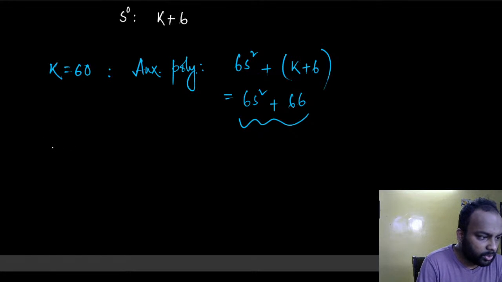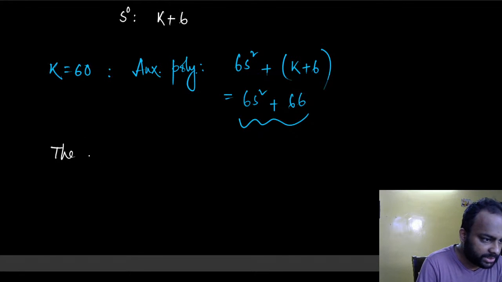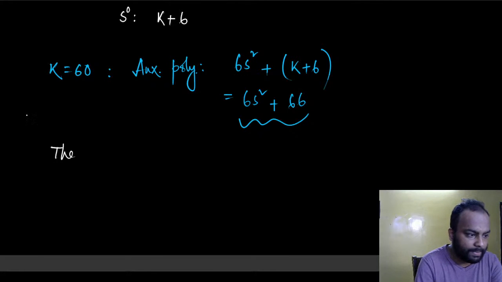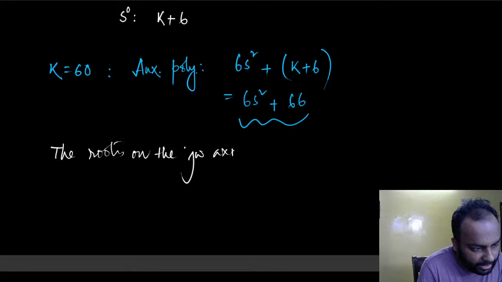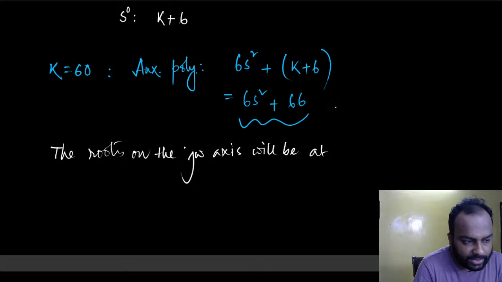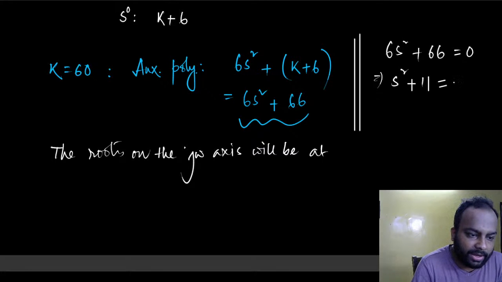We had an elaborate discussion on this in our Routh-Hurwitz classes, so I'm not going to discuss how that happens. So 6 s squared plus 66 equals 0, which is s squared plus 11 equals 0.